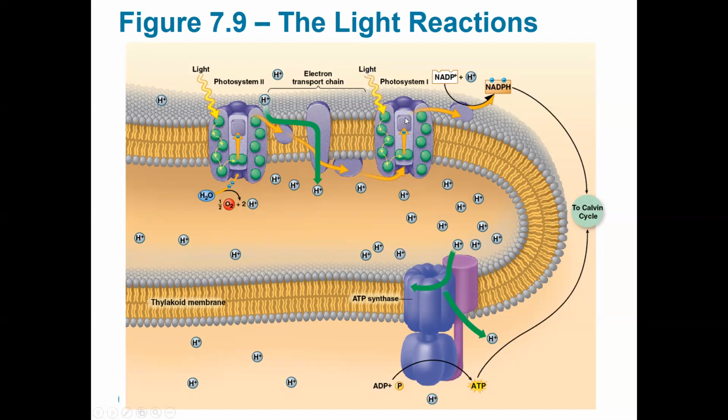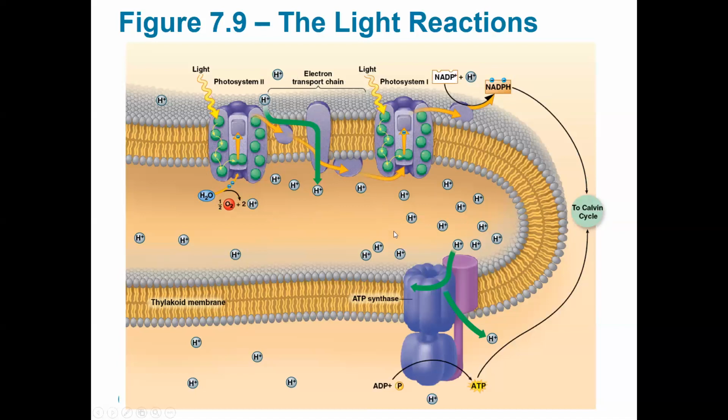The electron acceptor will then send it to another molecule, to be used to create NADPH. The NADPH here is then going to be used in the Calvin cycle. As all of this occurs, you're creating a hydrogen ion gradient here in the inner membrane space.